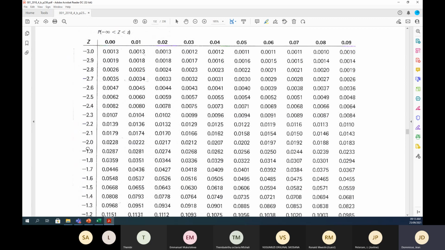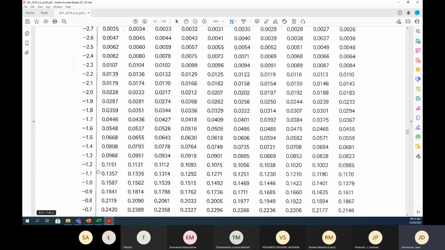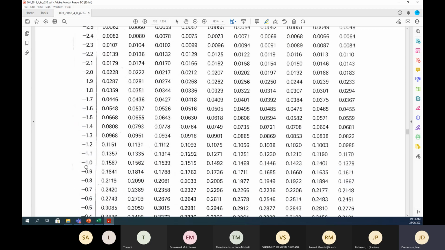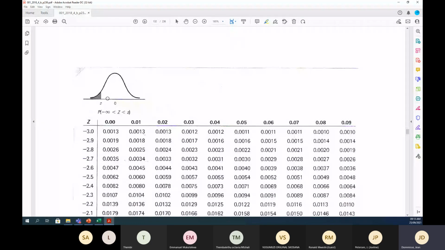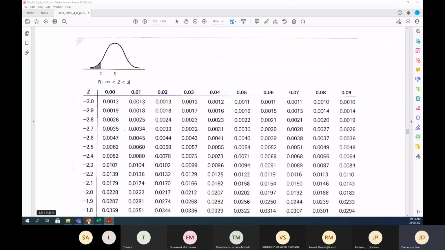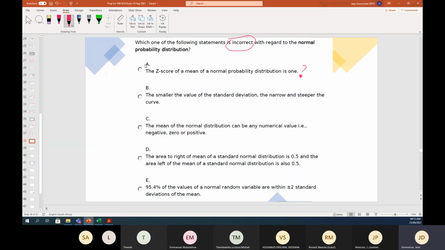So they tell us for that normal distribution, z is always 1. Okay, so that's incorrect because z can actually be any number from negative infinity to positive infinity. So that one is incorrect.